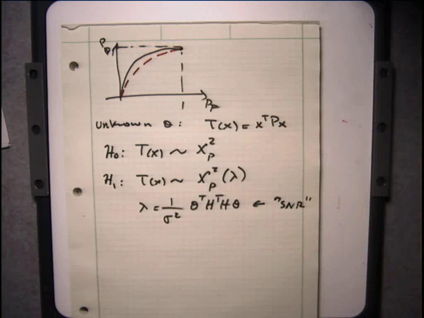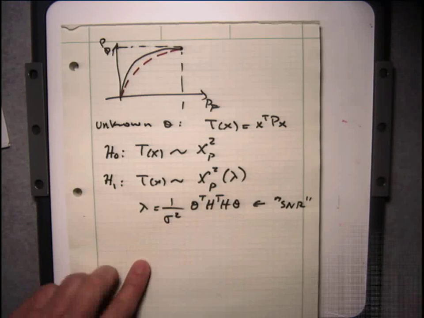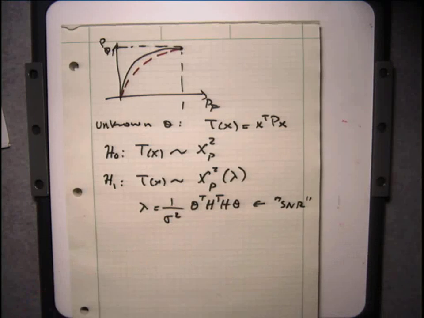Yeah? Lambda contains theta, that's right. Theta is unknown. So if you want to study the performance, you have to calculate this across lots of different values of theta. For instance, I might ask you, what's the performance of this GLRT?